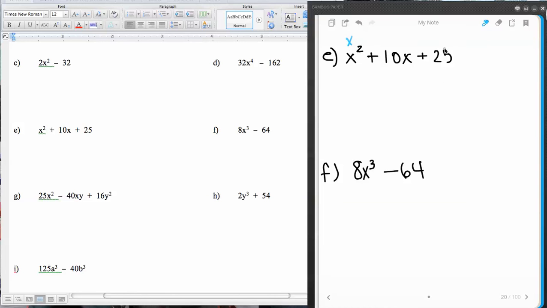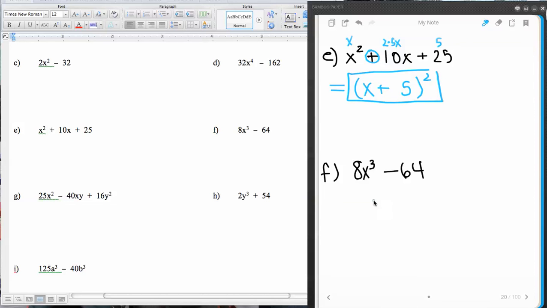Well, that's a square, and 2 times 5 times x does indeed give me 10. So this is a perfect square trinomial. And this is where we do want to remember that trinomials get small, right? Binomials get big, but trinomials get small. I have the root and the root quantity squared, and then whatever's here goes in the middle. So we want to kind of remember that.